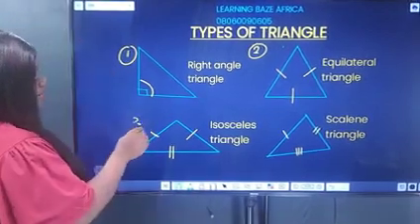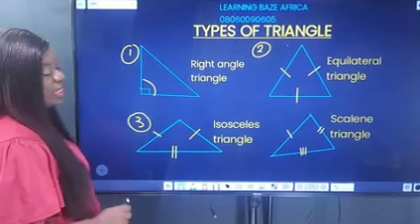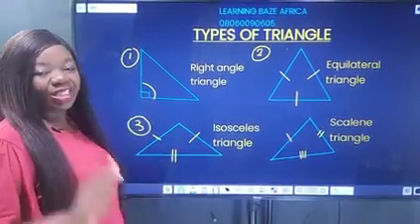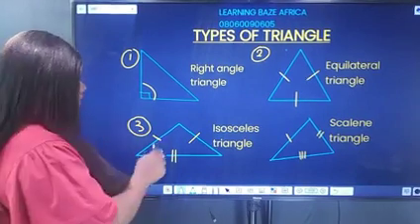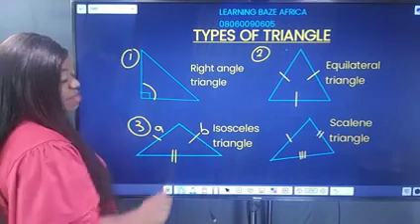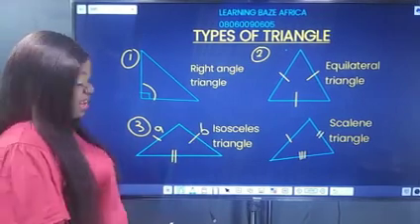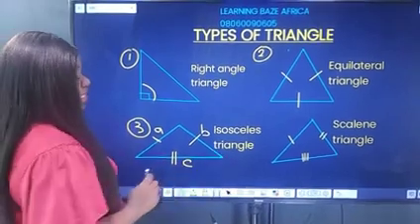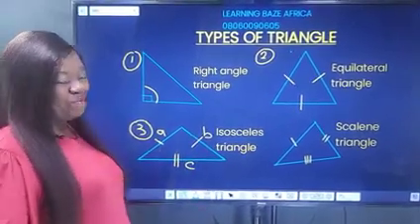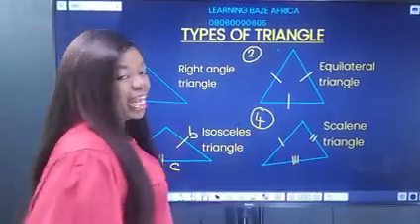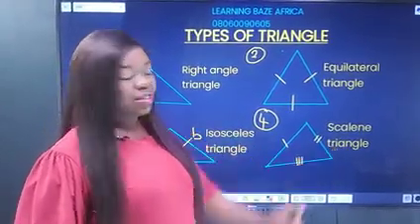The next one here is called an isosceles triangle. Only 2 sides of an isosceles triangle are equal. As you can see, the side A is equal to side B because they are of the same length, while side C is different. So side C is longer than side A and B. The next triangle here is called scalene triangle.